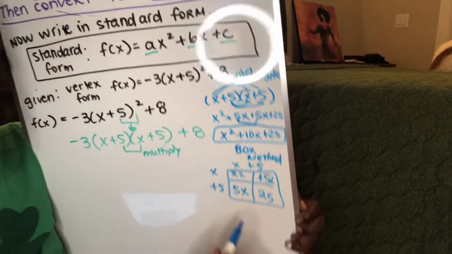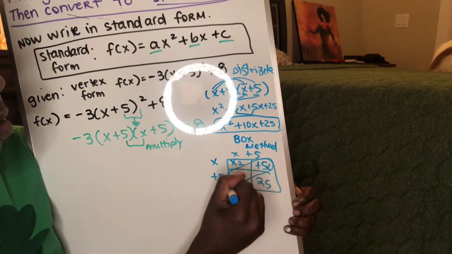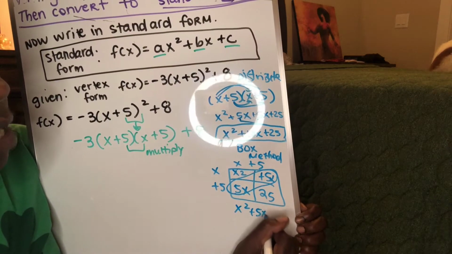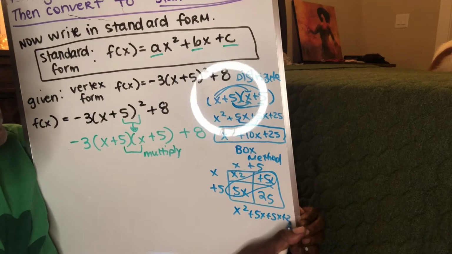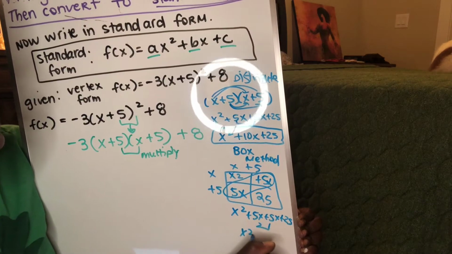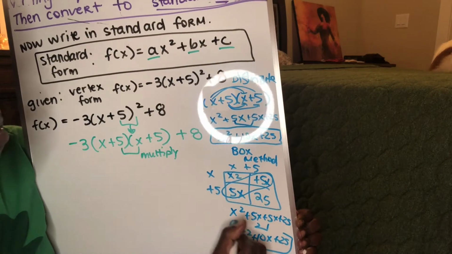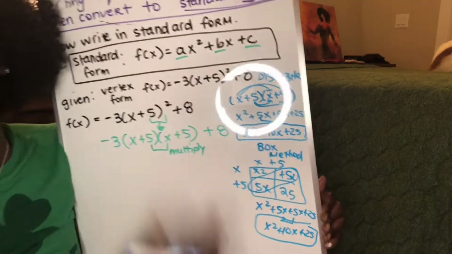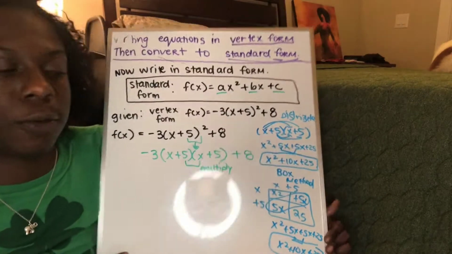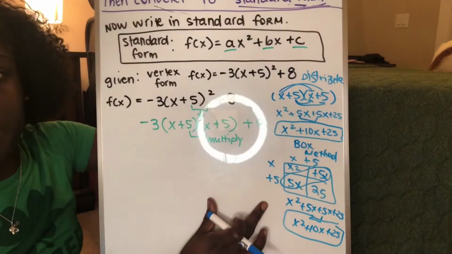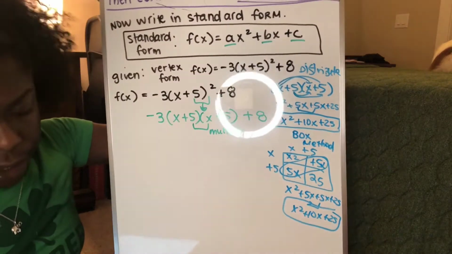We add our like terms. And then we get our same equation. So again, any method works for multiplying this, whatever is comfortable for you and whatever you will be able to master, okay? So now that we multiplied those terms, we are going to continue to write this problem.